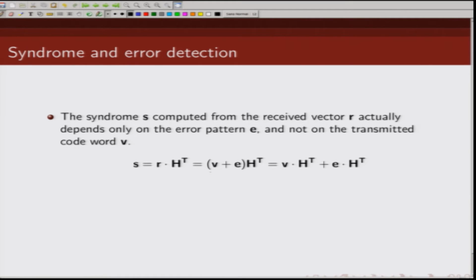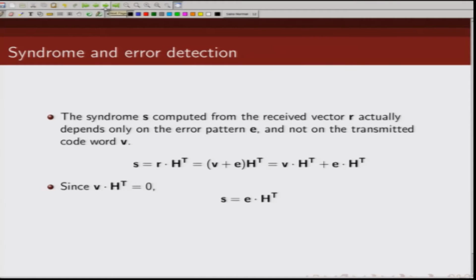So, I can write this as V H transpose plus E H transpose. Now, what is V H transpose? V H transpose is 0, because V is a valid code word, so the syndrome is nothing but E H transpose. So, the syndrome does not depend on the transmitted code word, it only depends on the error pattern.